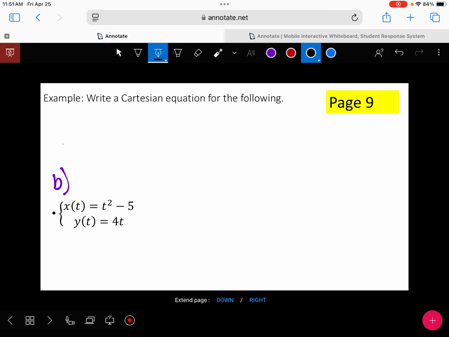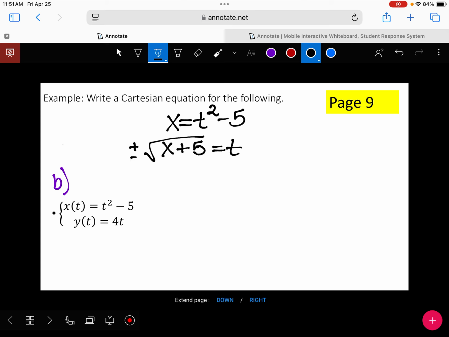So I'm going to take my x function and solve that for t. And whenever you take a square root, it is positive or negative.